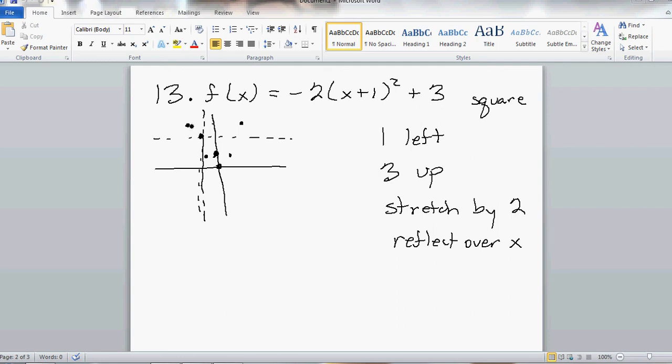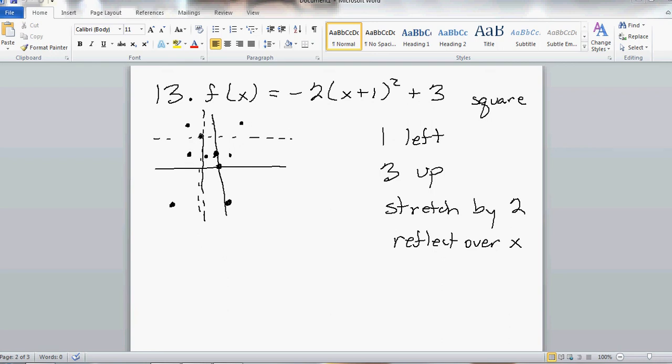If I do the same thing here, with the (-1, 1), stretch it up by 2, so it's going to become up to 2, and then I have to go down by 2, so there's 2 points. Then I would have (2, 4), stretch it up by 2 is 8, and then reflect it down here, so I'm going to be down in this general area about right here. And then likewise, the final point's going to be there.